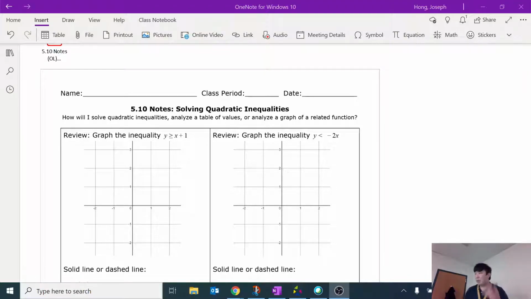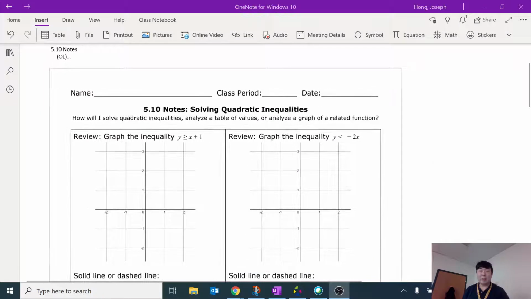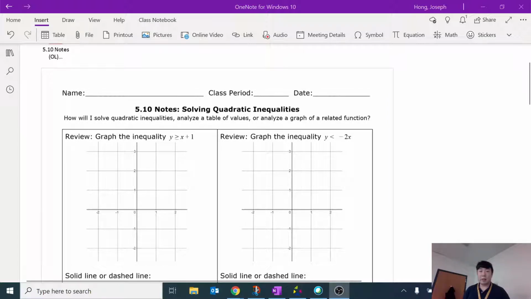Mr. Hong here with another video, and today we're going to be talking about 5.10, which is the last section before our 5A summative grade. Today we're going to be talking about solving quadratic inequalities.